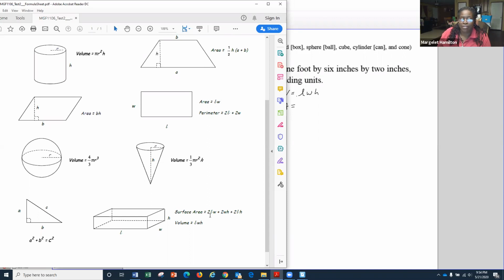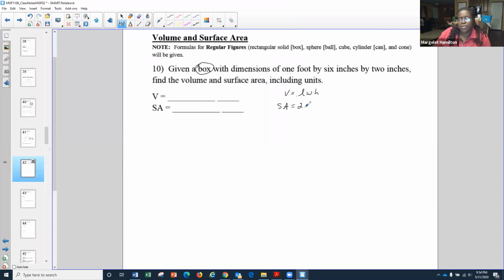Right? So you have 2 L's, 2 W's, 2 H's represented in your problem. Let's write those. So 2 times L times W plus 2 times W times H plus 2 times W plus.